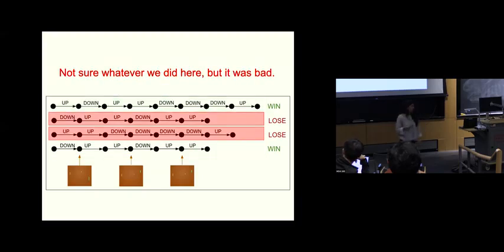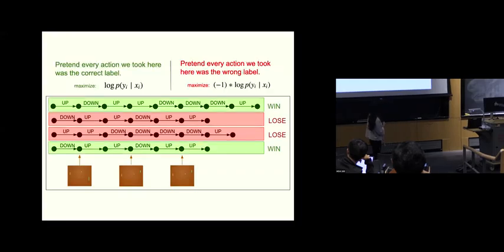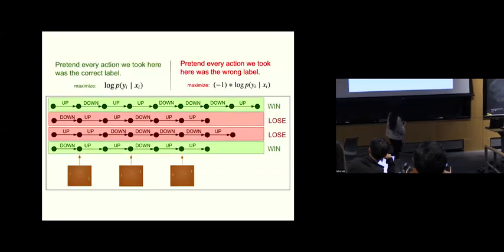So here again, we lost and we don't know what happened, but we know that was bad. So then what I'm going to do is I'll pretend that all those green actions were good and I want to make them more probable. And I'll pretend that all the bad actions were bad and I want to make them less probable. Okay. And this is a crude assumption.